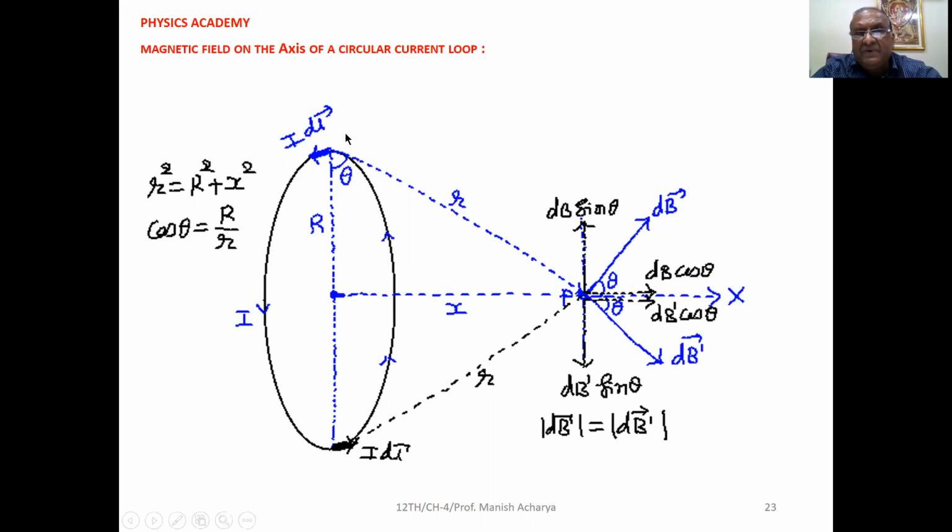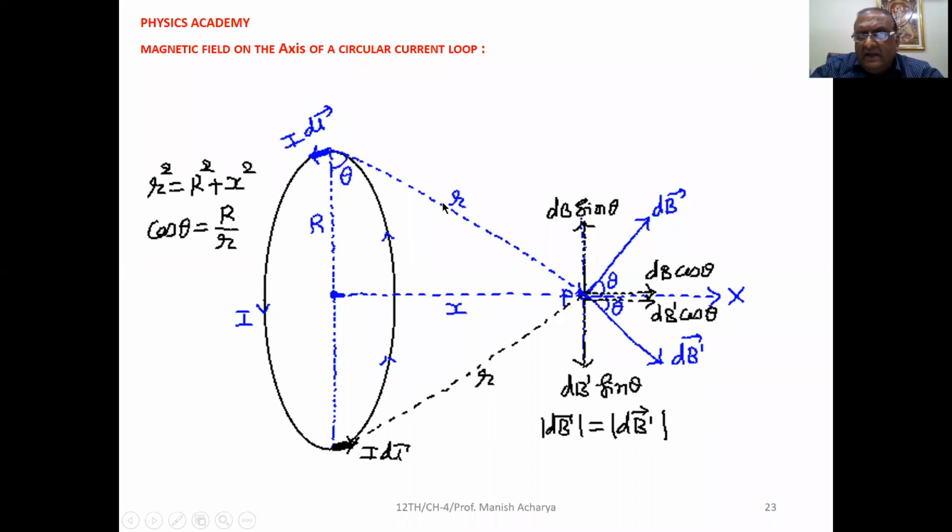And that is perpendicular to both IDL and R. So at point P, perpendicular to R, we can represent the magnetic field dB as shown in the figure. Clear to all of you?